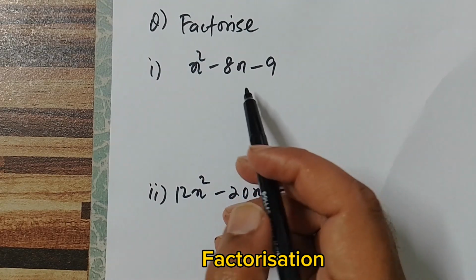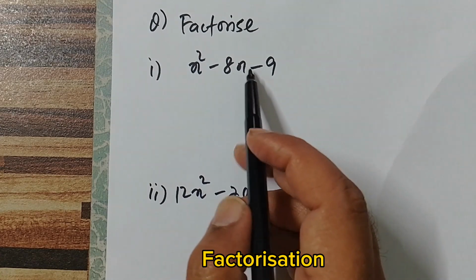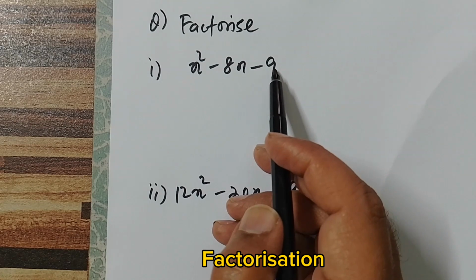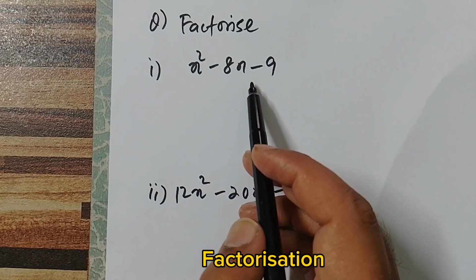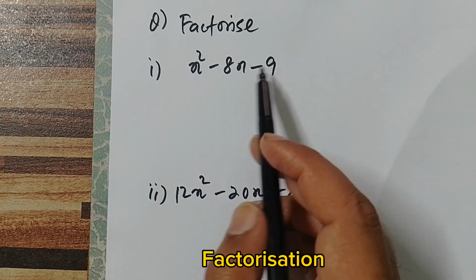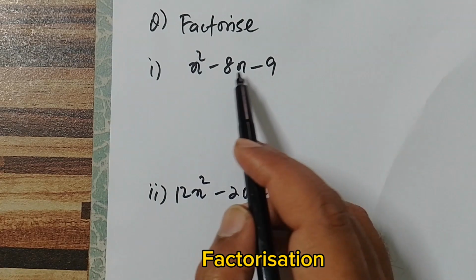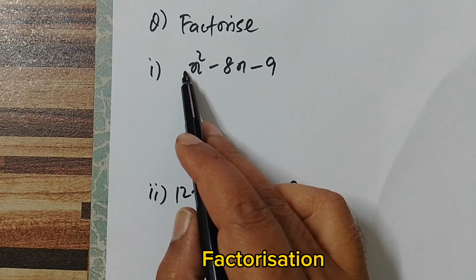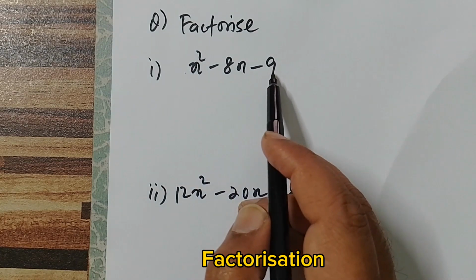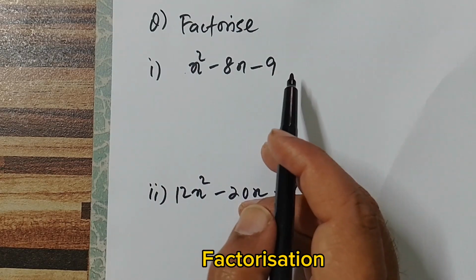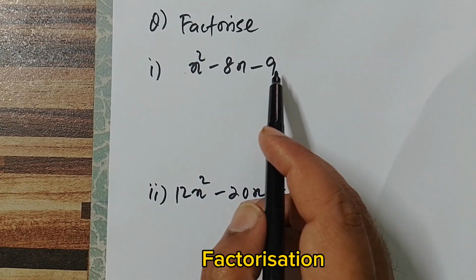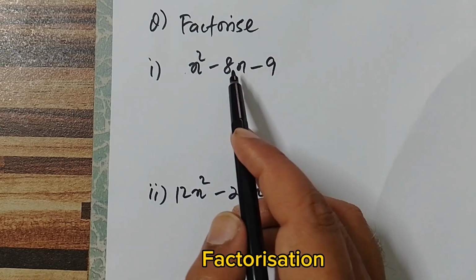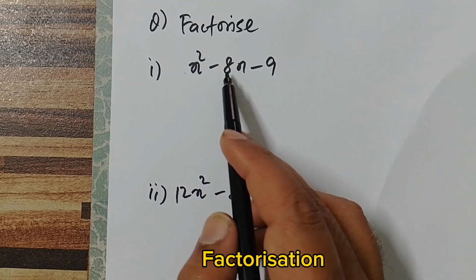Here we multiply the coefficient of x square with the last constant term, and we make the factors of it. Those factors should be such that when they are added they give me the middle term minus 8. So the coefficient of x square, 1, when multiplied by minus 9 will give me minus 9, and I have to make such factors of minus 9 which when added give me minus 8.